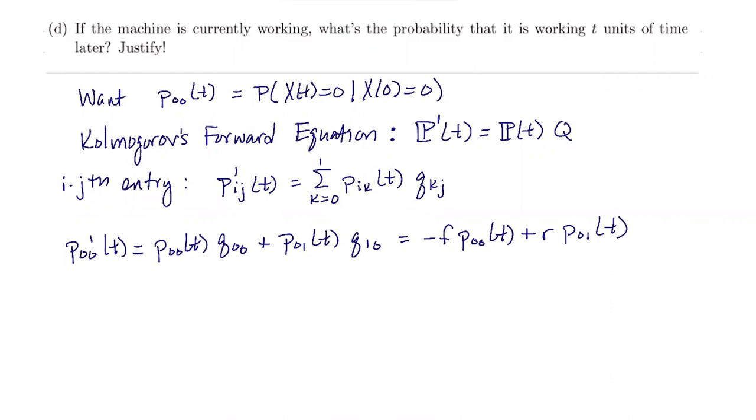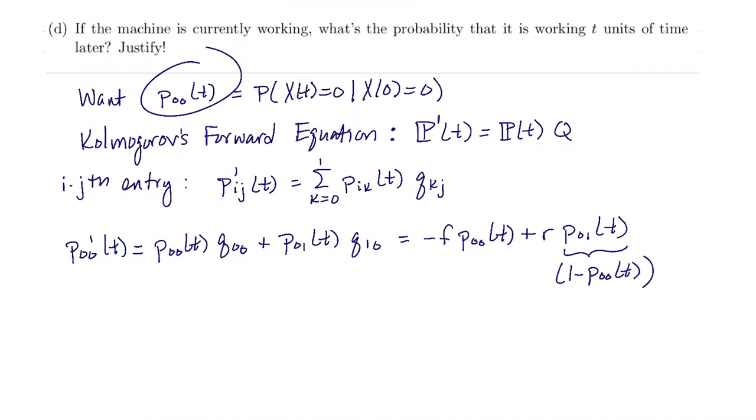So we need to solve this differential equation for P00 of t. And when you only have two states, I think the easiest thing to do is rewrite. You're going to see a P00 in here and a P01, and I would rewrite the P01 as 1 minus P00 of t.